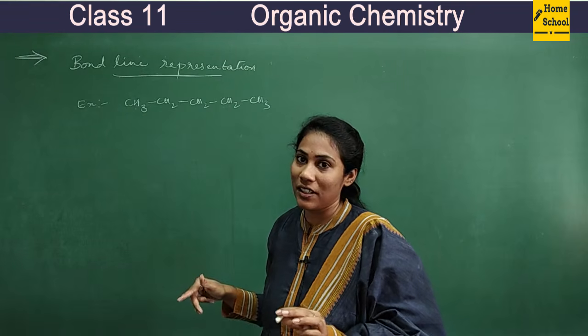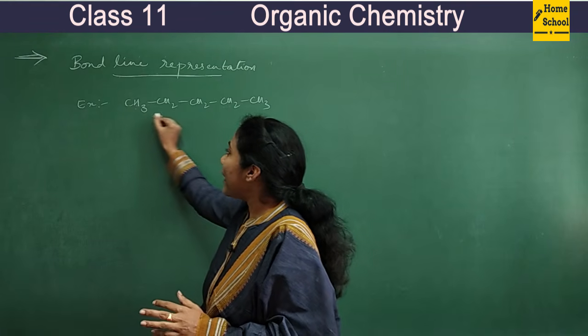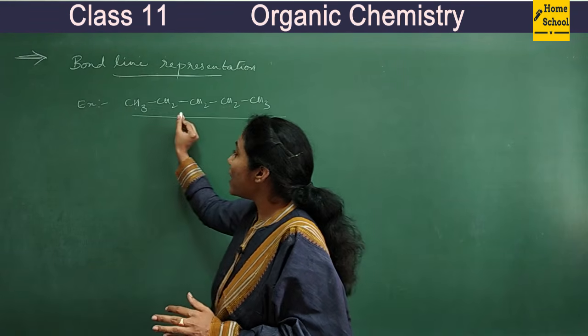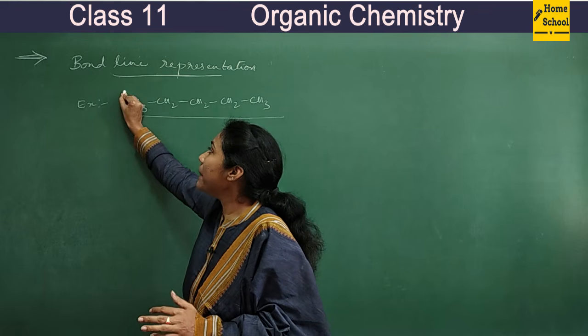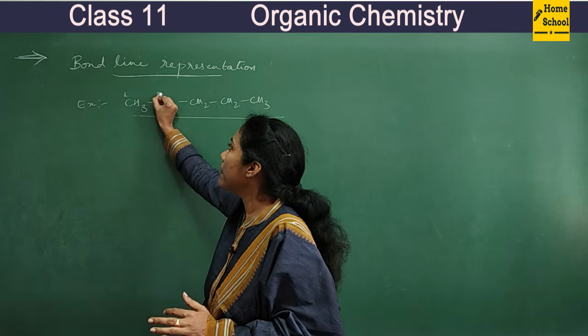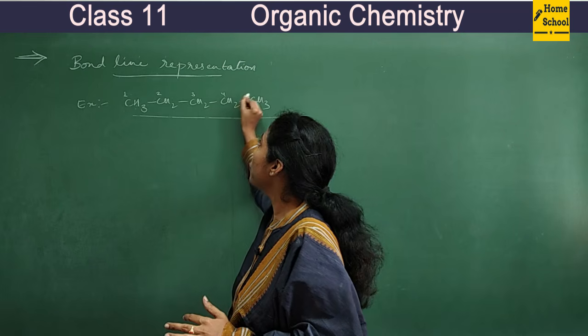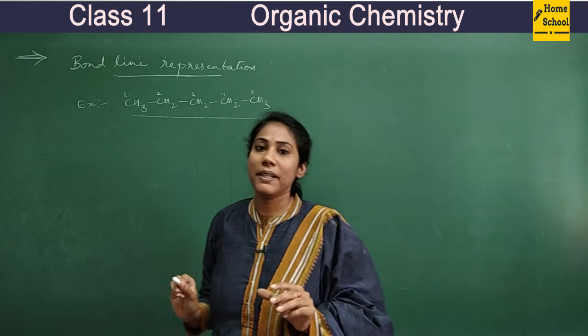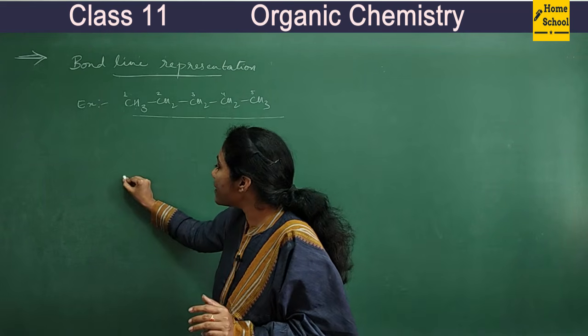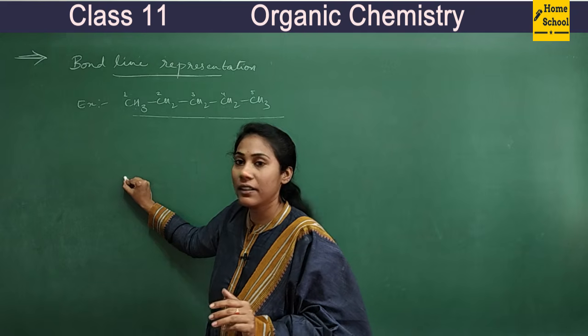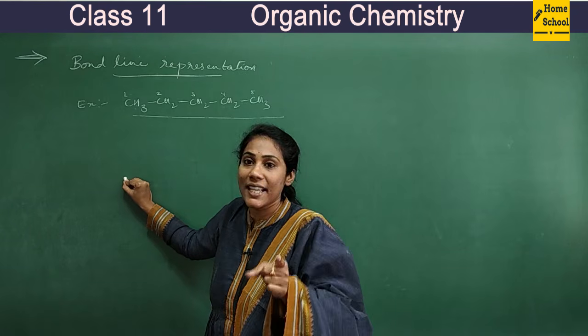Okay, to write a bond line representation, first you start from one point. Let me consider this as carbon 1, carbon 2, carbon 3, carbon 4, carbon 5. So, 5 carbons are there, right? Let me consider a point here. I consider this point as carbon 1.